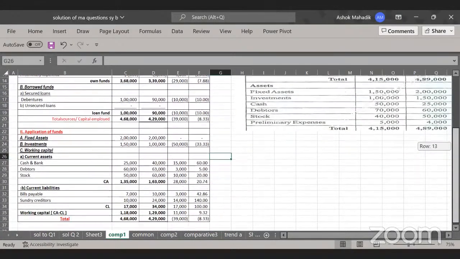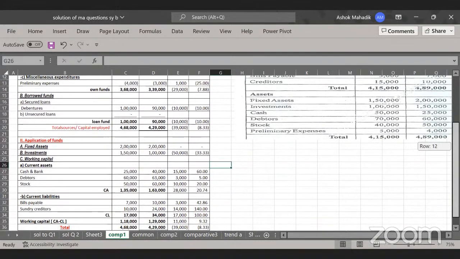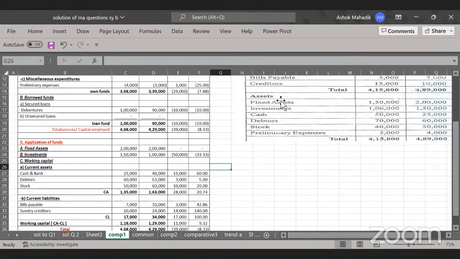Then we'll proceed towards application of funds. Under application, we have fixed assets. So look at the asset side. Directly fixed asset value is given. Instead of that, you may be given 2-3 fixed assets like land and building, plant and machinery. So write the heading first, capital letter A, fixed asset. Below that, mention those long-term assets, write their value and take their total.